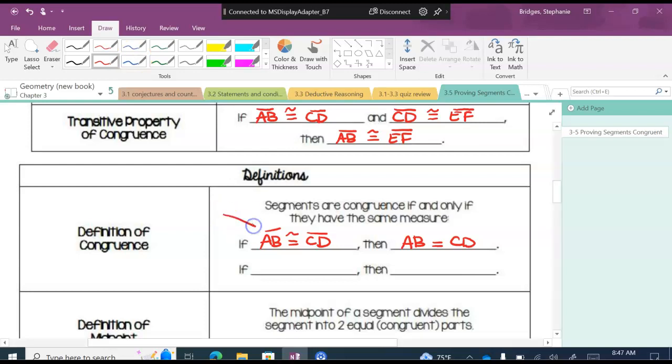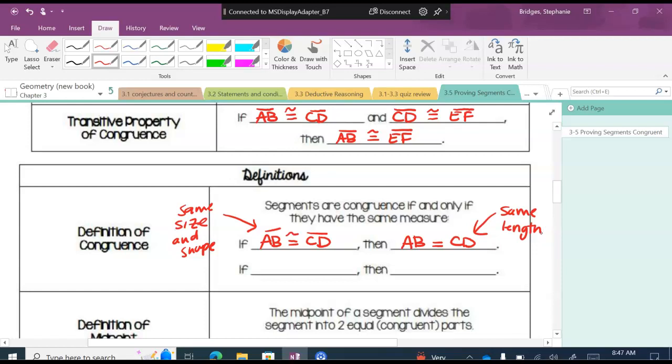This one refers to same size and same shape. This one is referring to the same length or same size, okay? Different meanings.